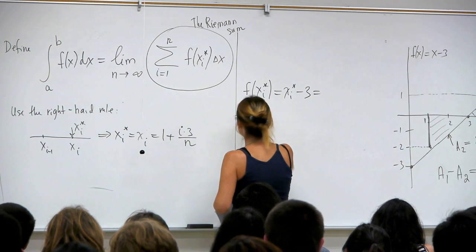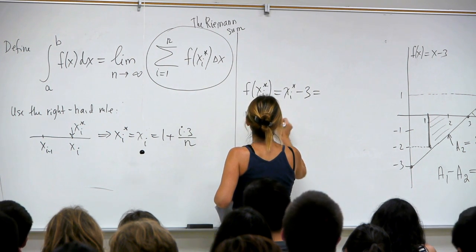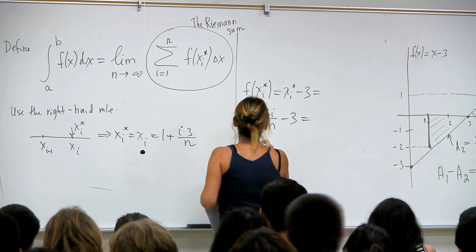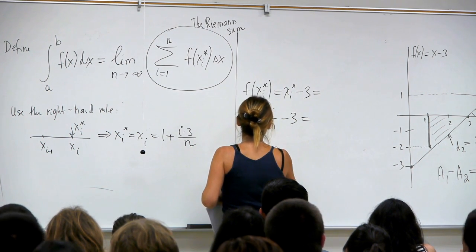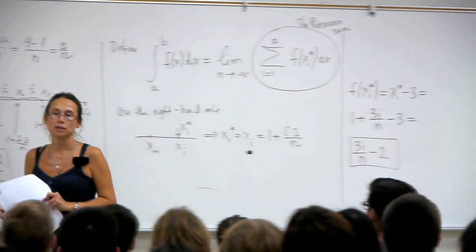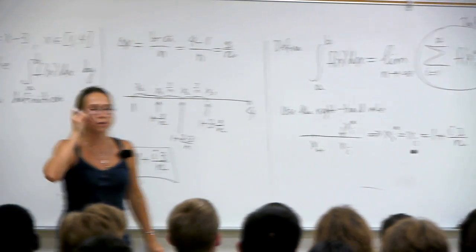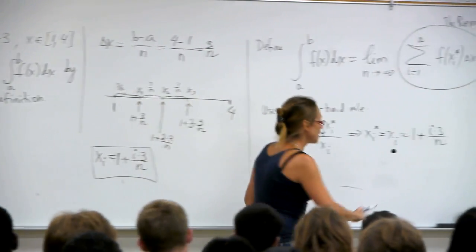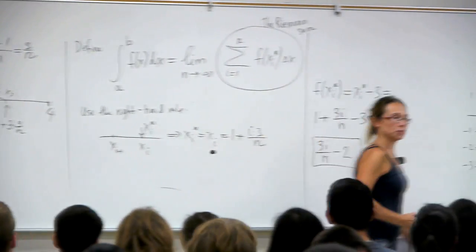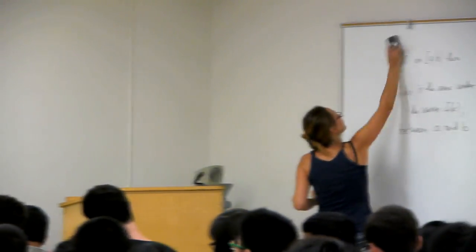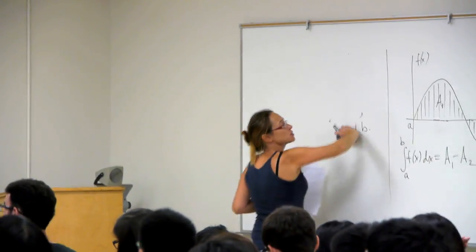And that's equal to 1 plus 3i over n minus 3. And that's equal to 3i over n minus 2. Okay, so I evaluated my function at all the sampling points. And now I'm ready to use the definition. Please ask me questions at any time.